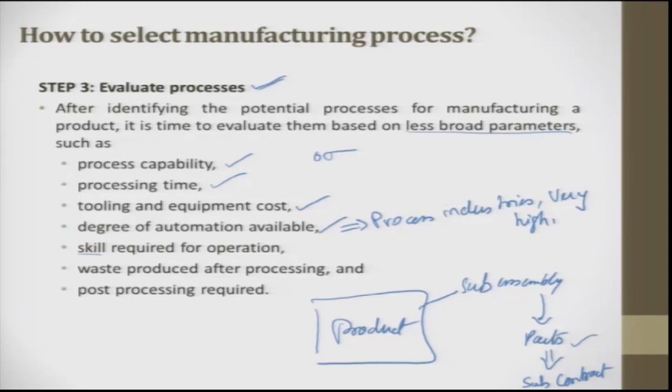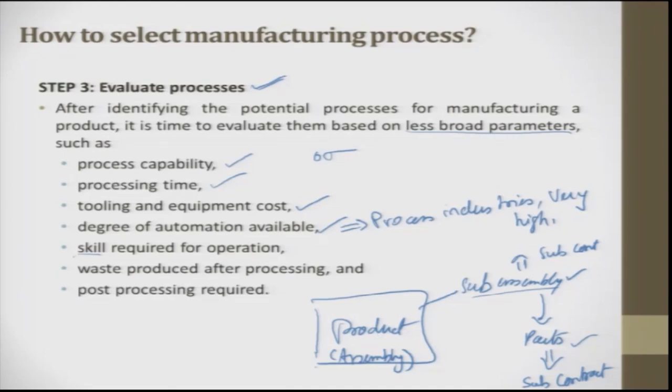And now the subassemblies are also given for subcontract. So, industries have started doing only the assembly of the product. Here you have to evaluate the performance of the subassembly and then assemble it inside a product and get the required output.